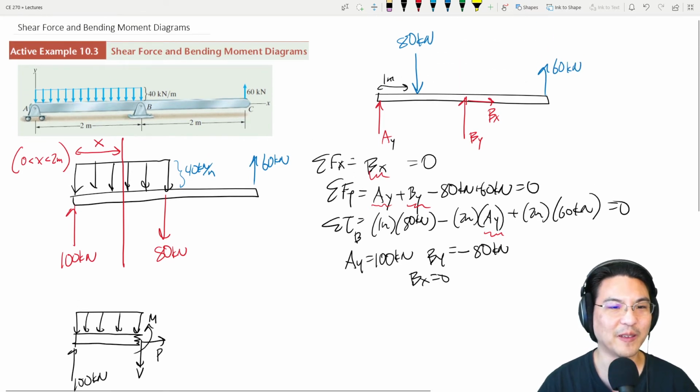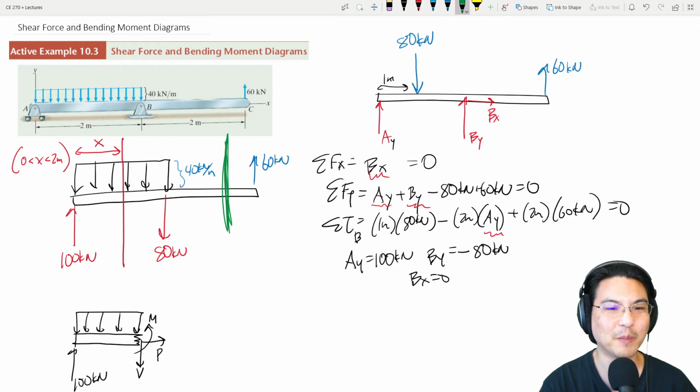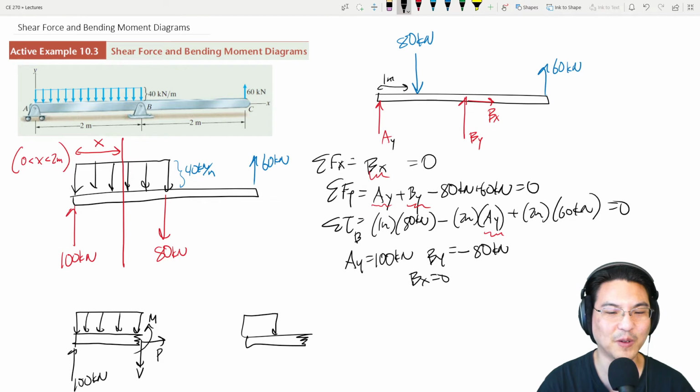Okay, now here's the thing. What if we cut the section somewhere over here between 2 and 4 meters? If you cut the beam between 2 and 4 meters, let's see if you agree that it'll always look something like this.